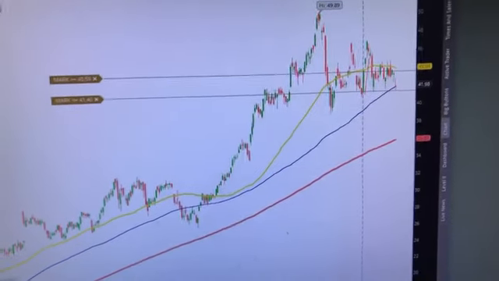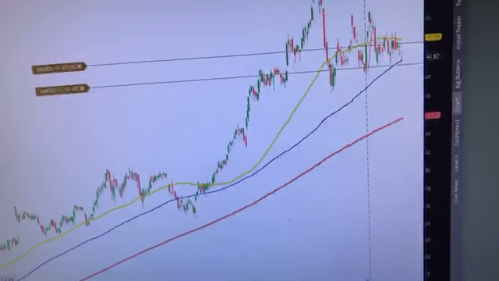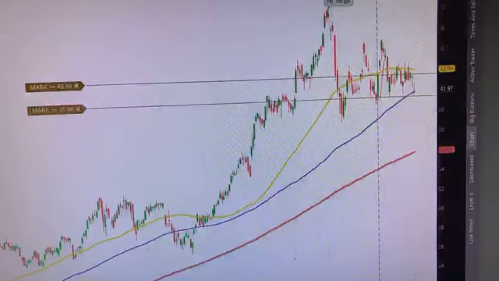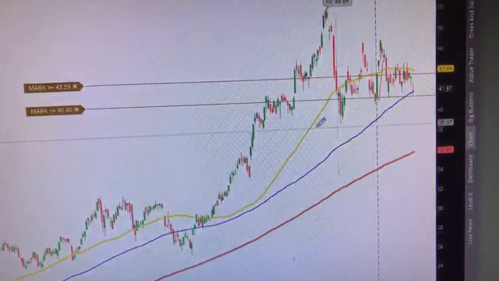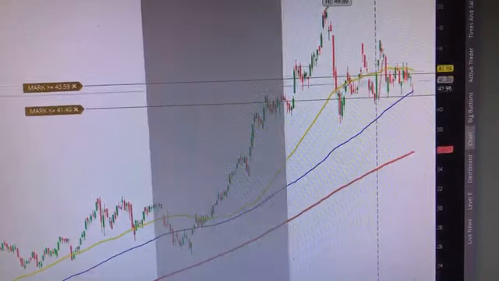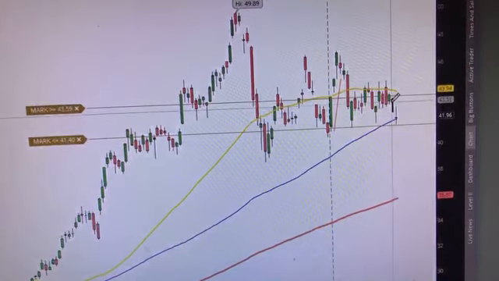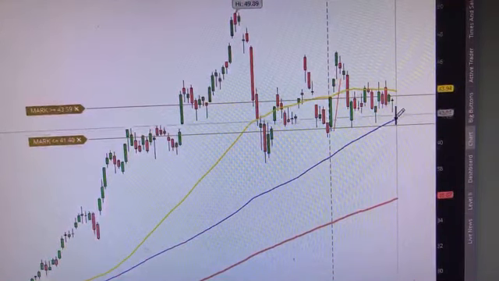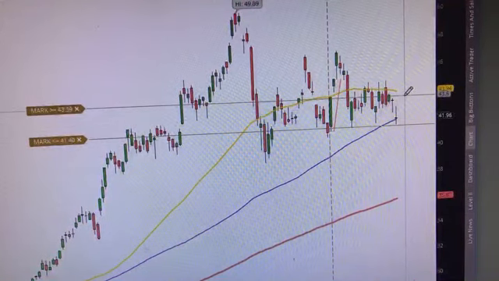So what we're going to do, let's say we're looking at a stock. In this case, I'm looking at Micron Technology, which I like here thematically, but I have no interest in being involved in this stock when it's chopping back and forth. You can see how it's just basically chopping back and forth, right? So I'm setting an alert both at the lower end of the range and at the upper end of the range.